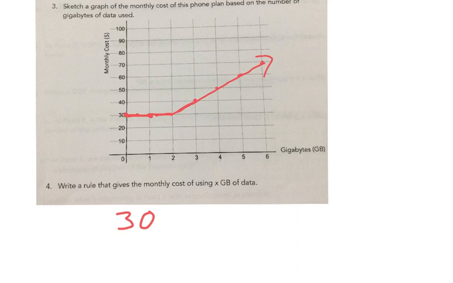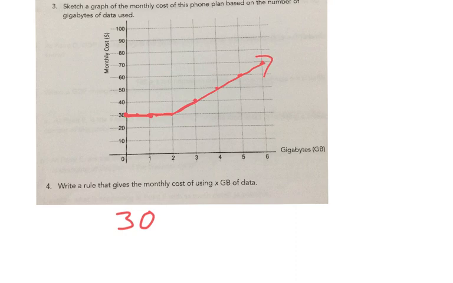So when do I pay $30? What, 0 through 2? When x is between 0 and 2, I pay $30.